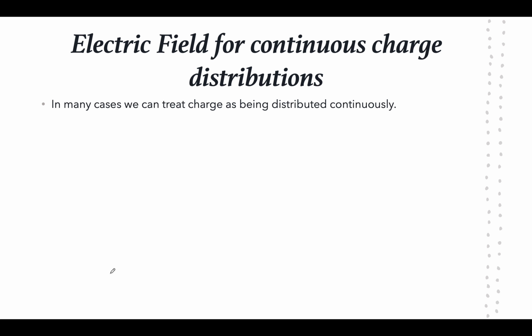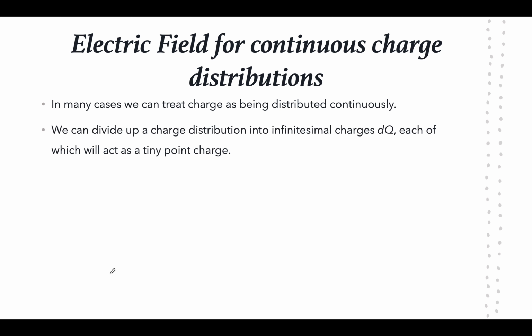We have a charged object, like a ring or a wire or a charged plate, right? And in those cases, the charge is distributed evenly and continuously throughout the entire object. So how do we analyze situations like this when we only know how to deal with point charges?